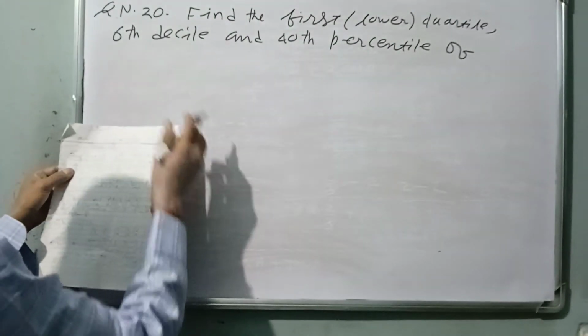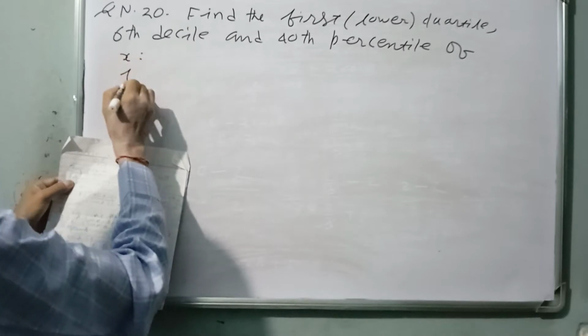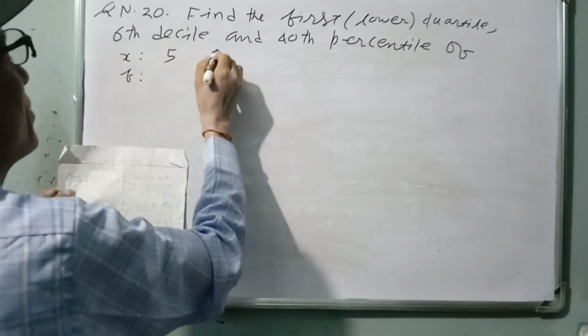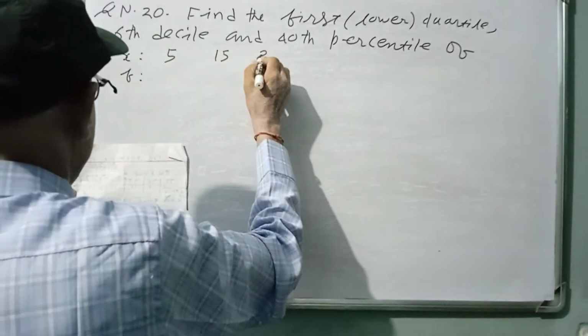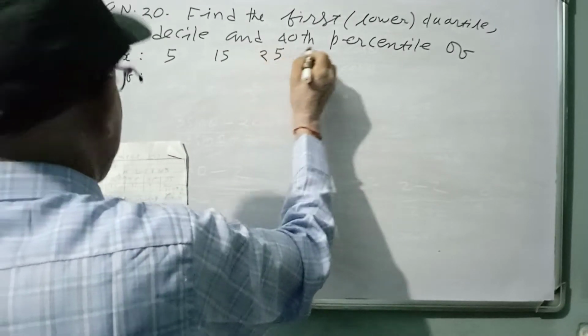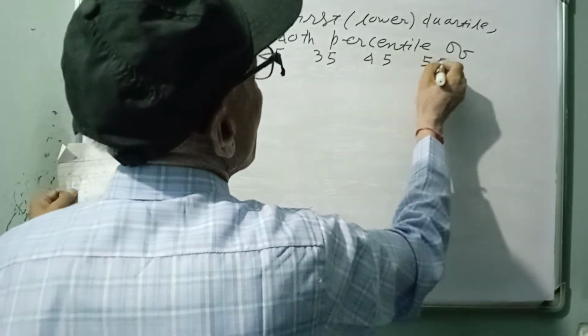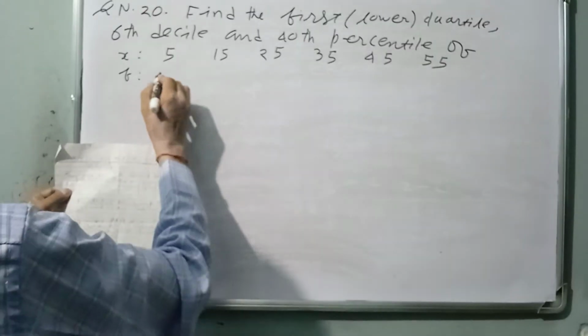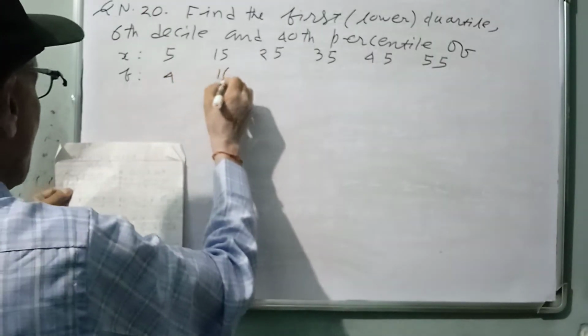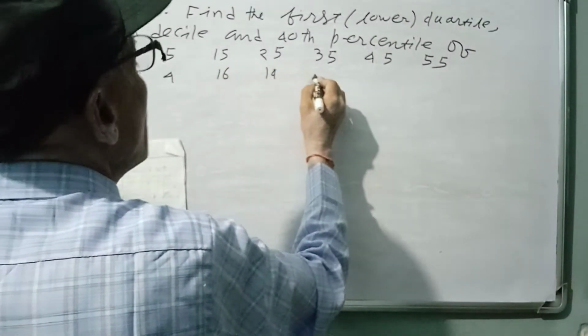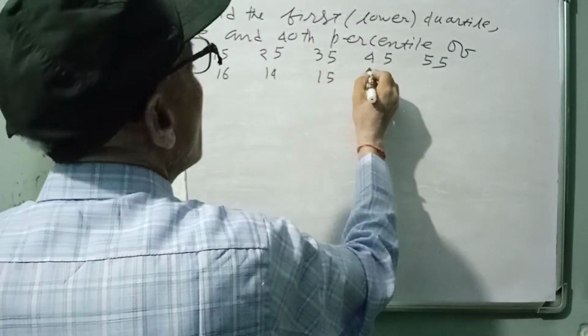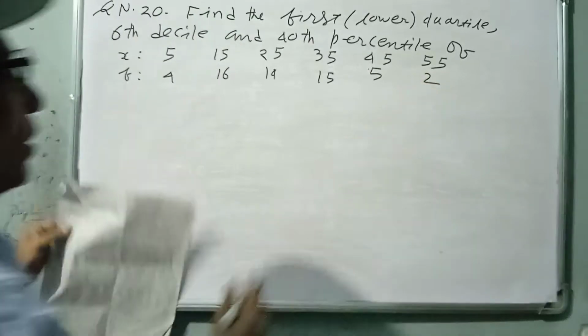The question is as follows: x 5, 15, 25, 35, 45, 55; frequency 4, 16, 14, 15, 5, 2.